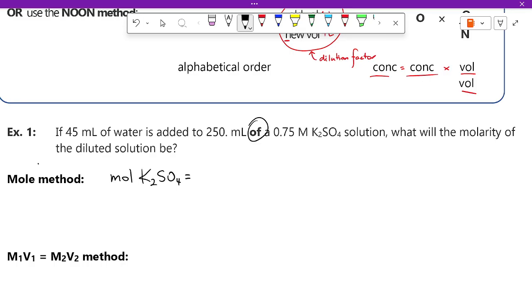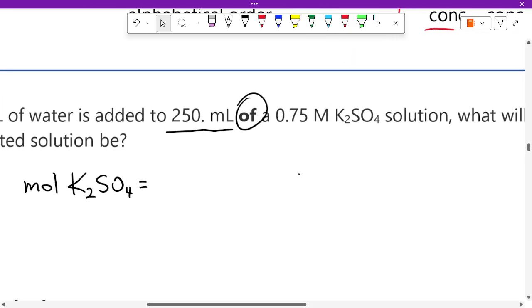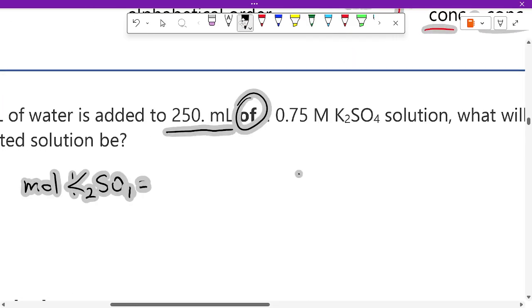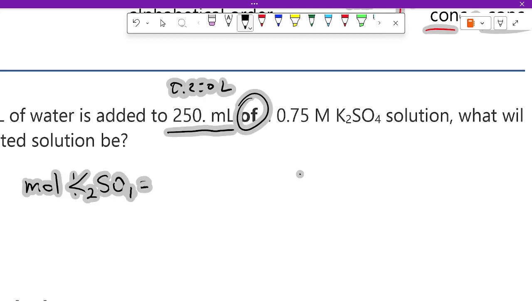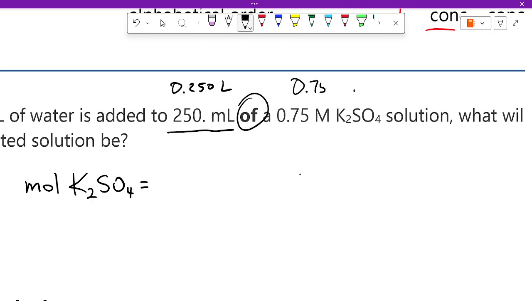All right, and we're going to say I have 250 milliliters. What should I rewrite that as? 0.250 liters. And what should I rewrite 0.75 molar as? 0.75 moles over liters.